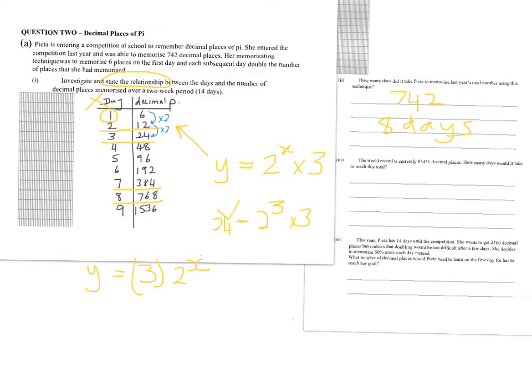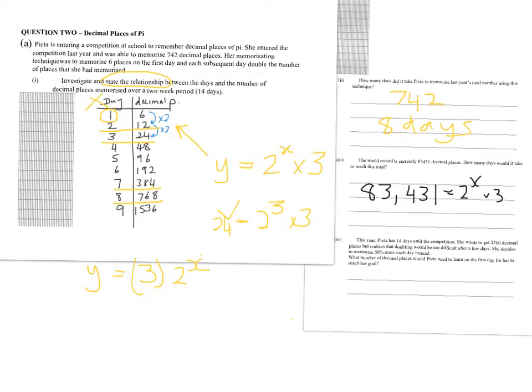The next question. The world record is this many decimal places. So 883,431 decimal places equals 2 to the power of x times 3.